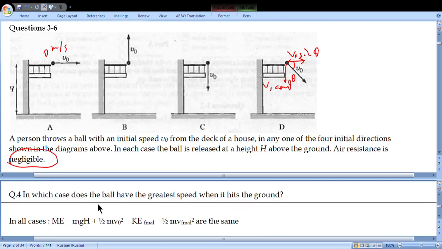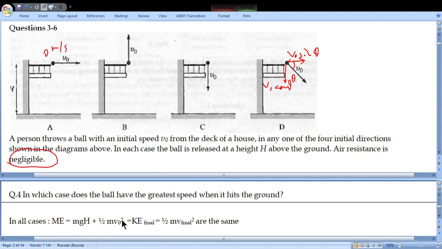Question 4: in which case does the ball have the greatest speed when it hits the ground? This is a tricky question. Why? Because in all cases we have the same mechanical energy, which consists of potential energy and kinetic energy. Direction doesn't matter, since kinetic energy is a scalar, so all of them have the same total energy.